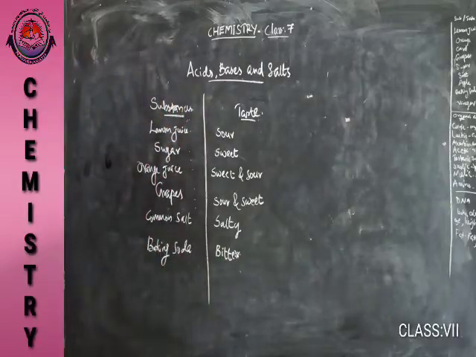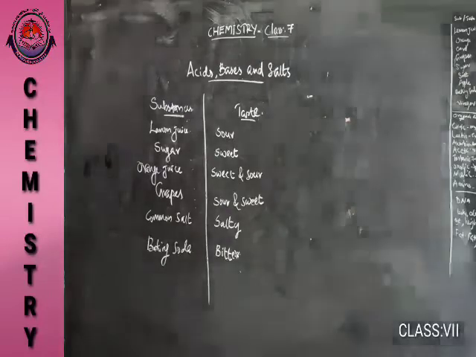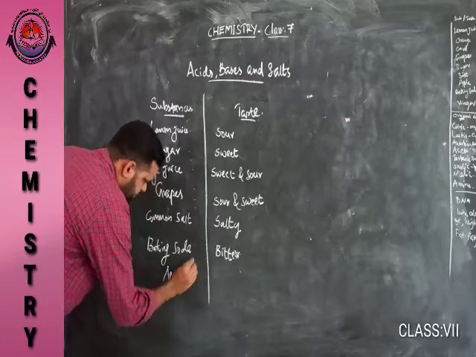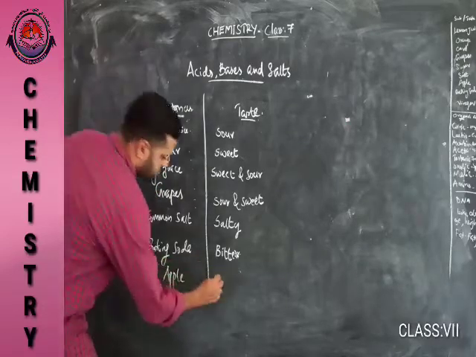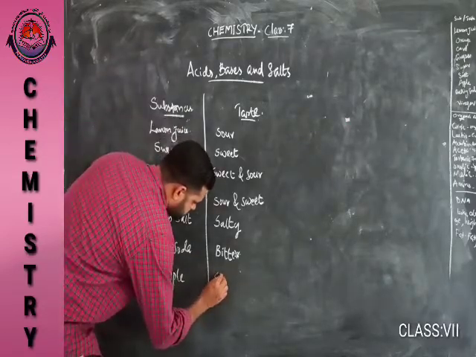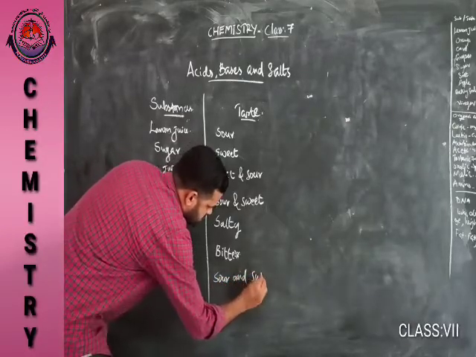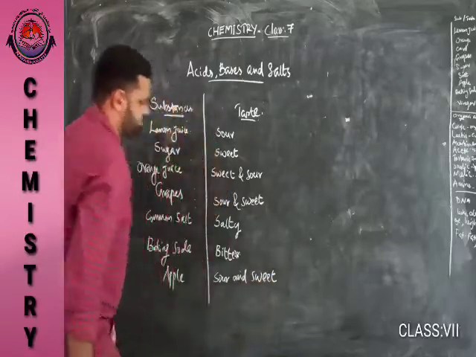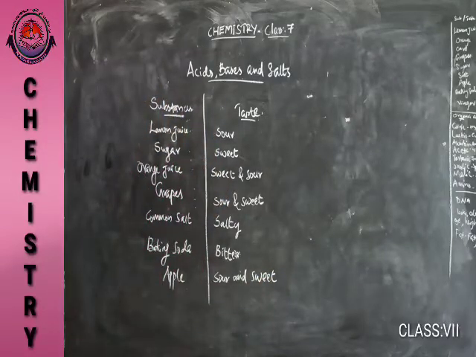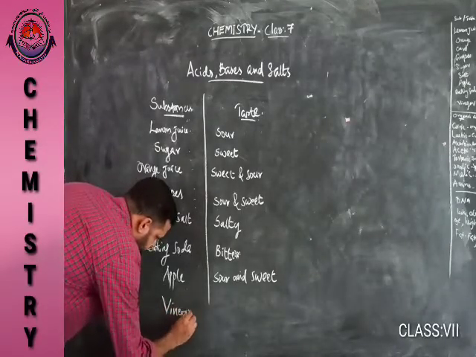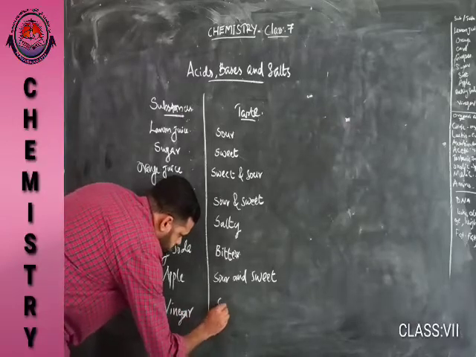Then take another example, apple. So what is the taste of apple? It is also sour and sweet. Then any other example? Okay, vinegar. What is the taste of vinegar? Vinegar is also sour in taste.